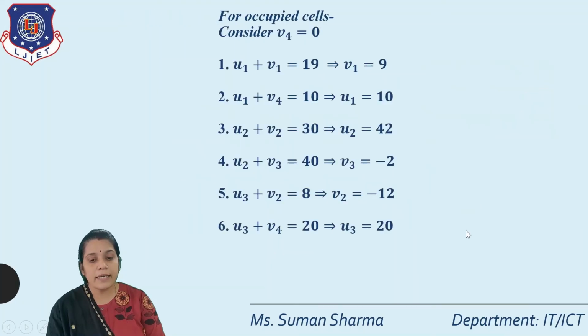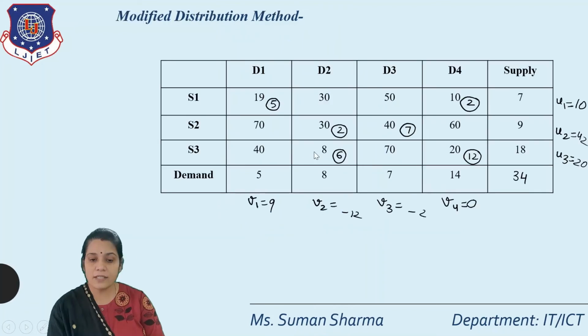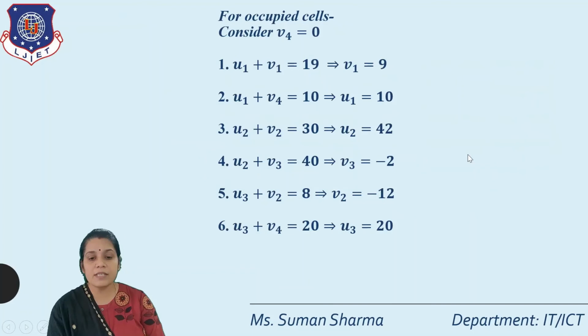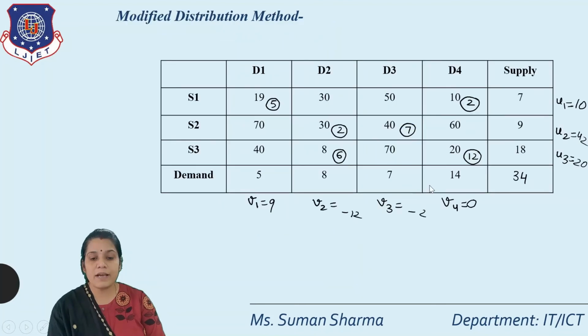So the occupied cells are U1 plus V1, U1 plus V4, U2 plus V2, U2 plus V3, U3 plus V2 and U3 plus V4. Okay. So with the help of these occupied cells, we find the values of U1, U2, U3 and V1, V2, V3, and put all these values according to your table: U1 10, U2 42, U3 20, V1 9, V2 minus 12, V3 minus 2 and V4 is equal to 0.